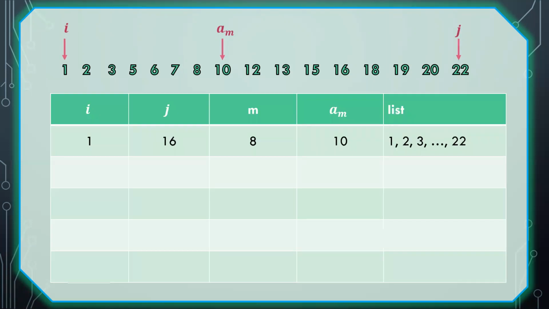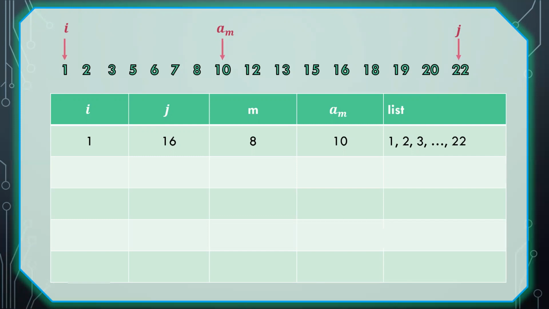So in the first pass, I is set to 1, j is set to 16. Note that's position 1 and position 16 respectively. And m goes to the floor of (I plus j) over 2. So it's going to be looking at element 8. A sub M, the element at position 8, is a 10.